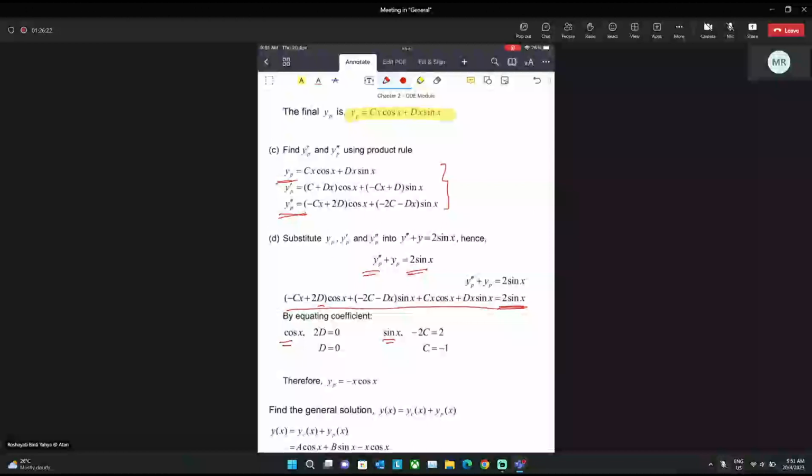So cos x, you have... Okay. Betul tak ni? Ada tak yang buat? Is there anyone here, okay, for cos x uses negative Cx plus 2D plus Cx, ada tak equal to 0? Ada tak yang buat begini?